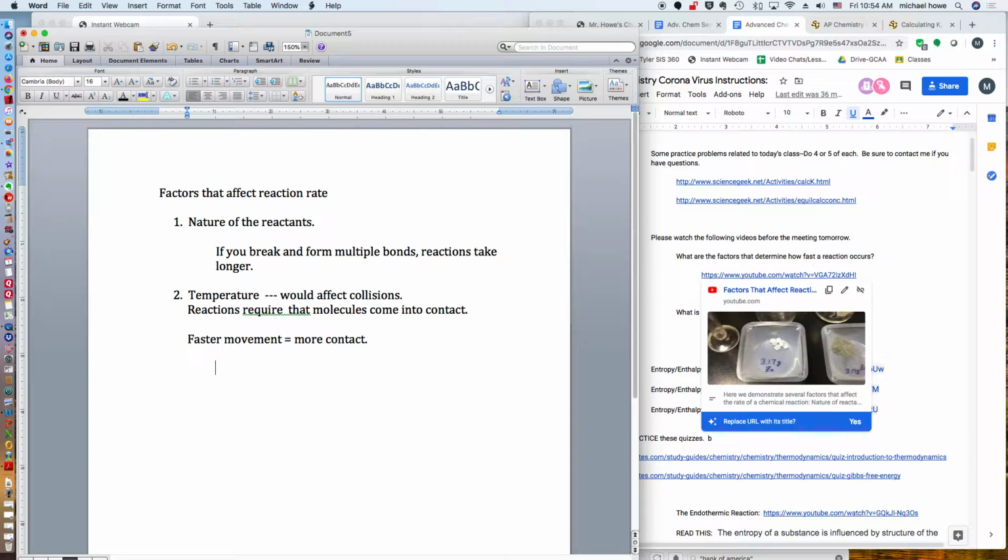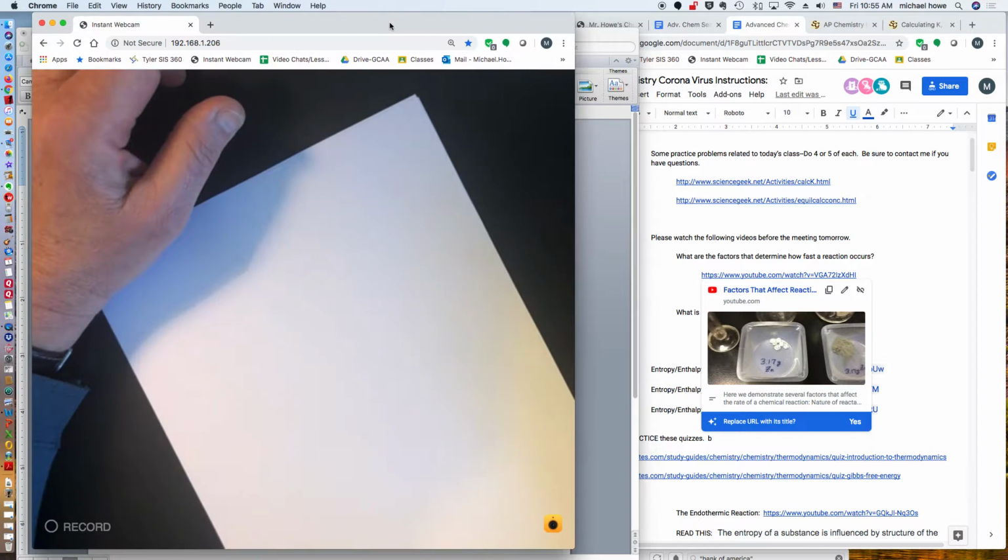I've got to deal with one other thing related to this. Parenthetically, contact must occur with sufficient energy and with proper orientation, which means that the molecules have to collide like this.